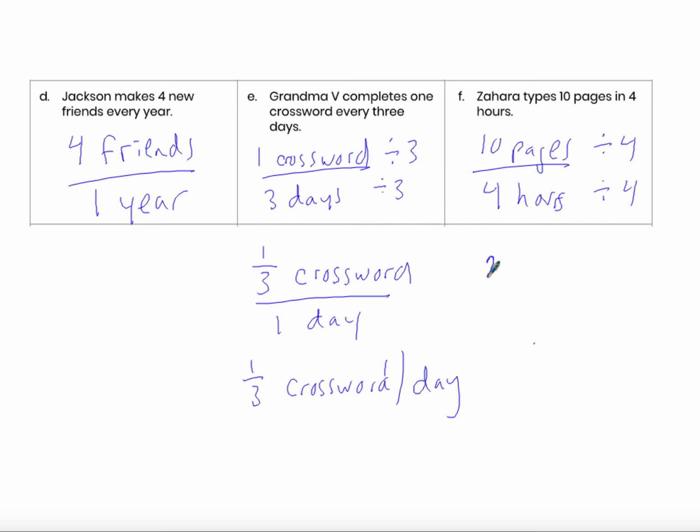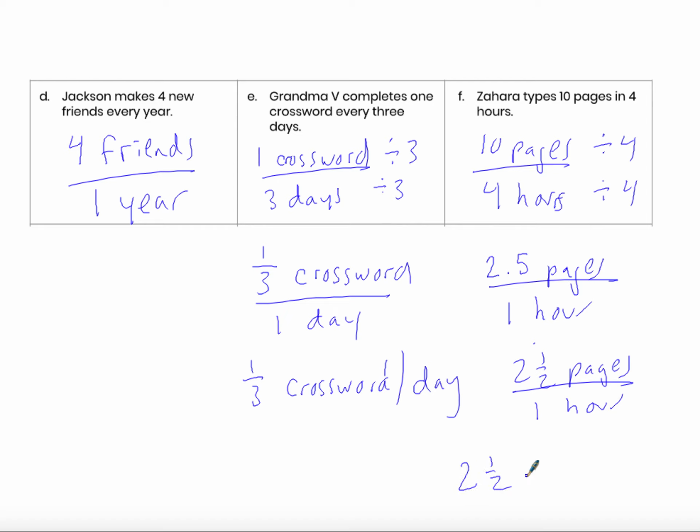So you can write 2.5 pages in 1 hour. I would go ahead and write 2.5 pages per hour. All right, go ahead and finish the front of this worksheet and then check it with the key.